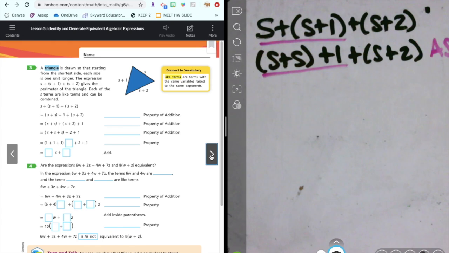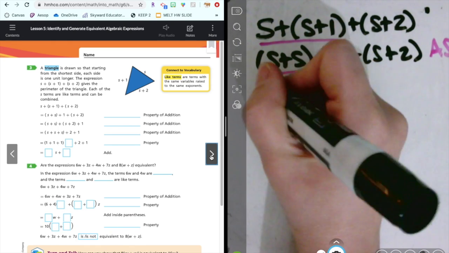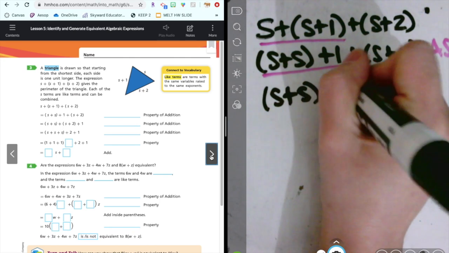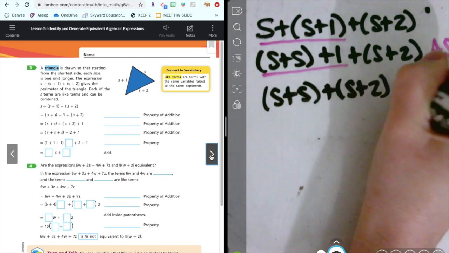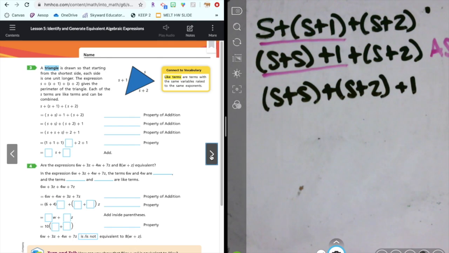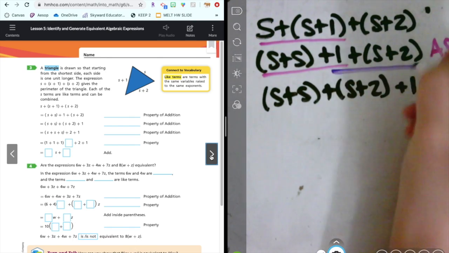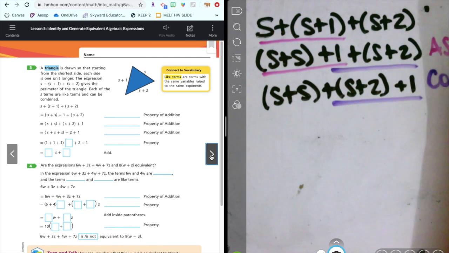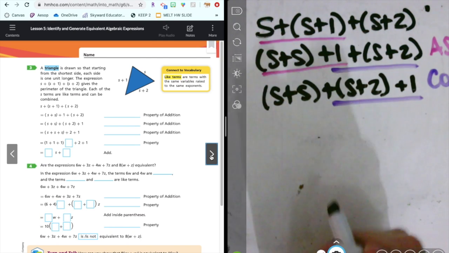All right, then the next step, it has s plus s, then it has plus s plus 2 plus 1. So on this one, they didn't move the parentheses, but they changed the order. So that's the commutative property. Then they said, all right, let's do it like this.